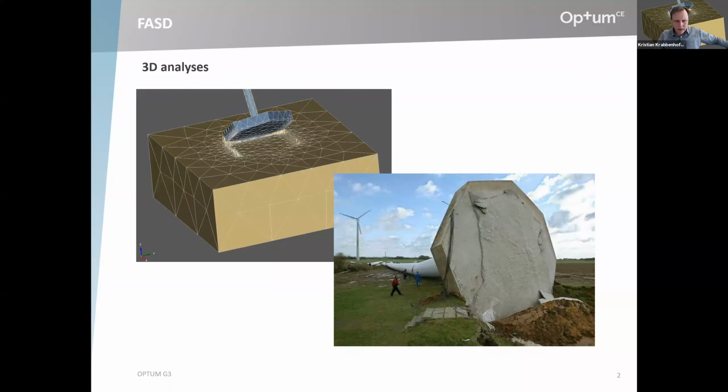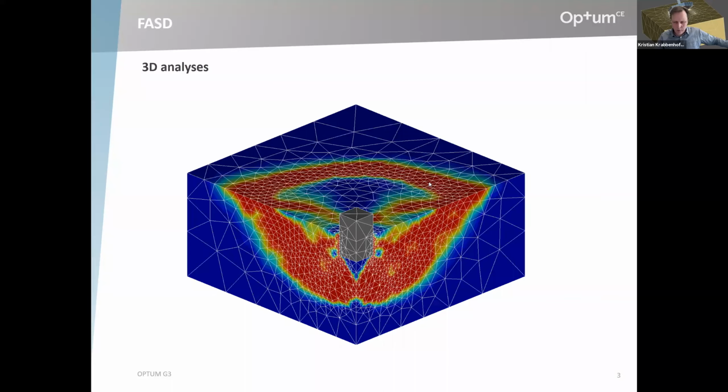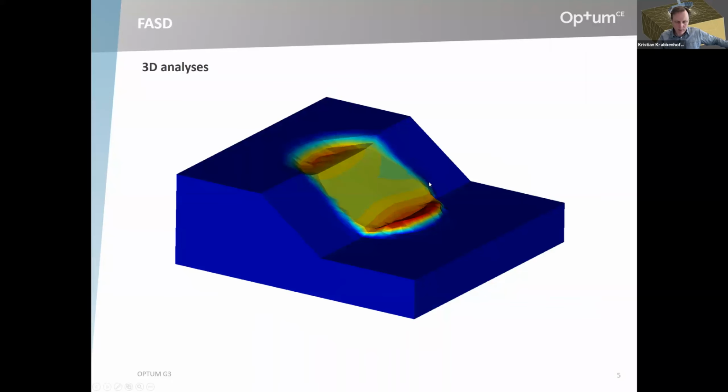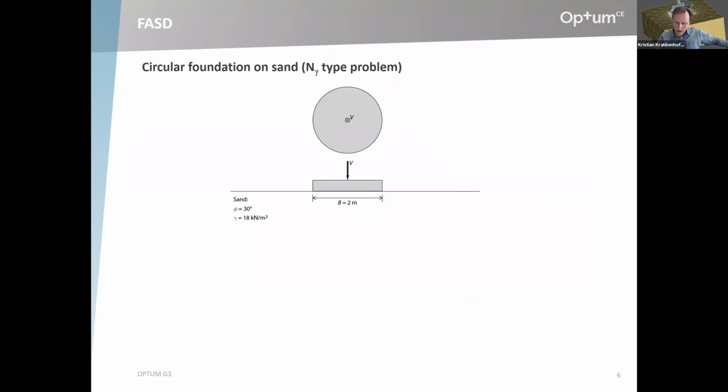I got to the monopiles and then slopes as well, which is usually done in 2D but can be done in 3D, of course. And then you are faced with the same problem of how to pick the friction angle. Also for much simpler problems, this issue comes in.